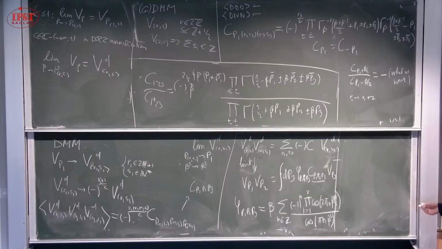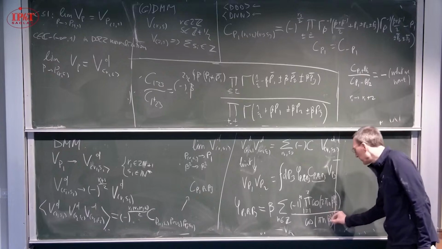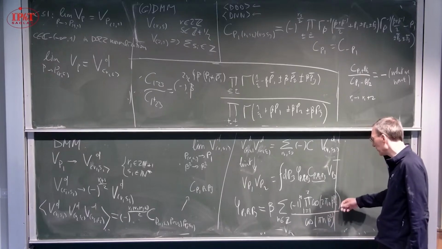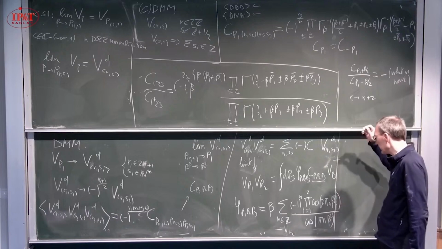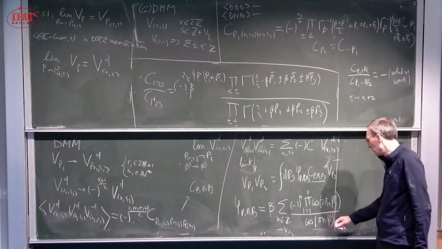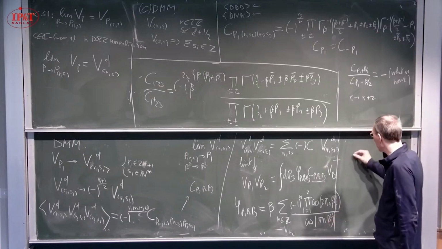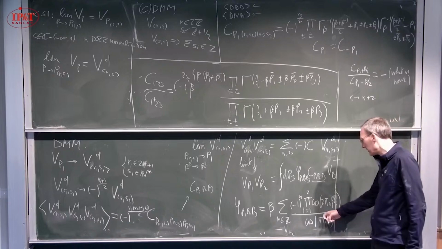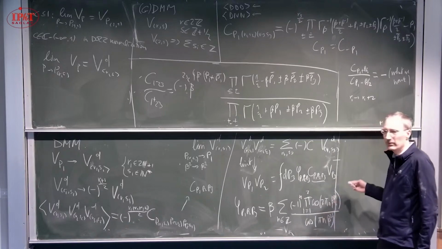But essentially, this distribution is okay as long as you integrate it against something which decreases exponentially. Because for almost all values of beta squared, this thing will only blow up polynomially.